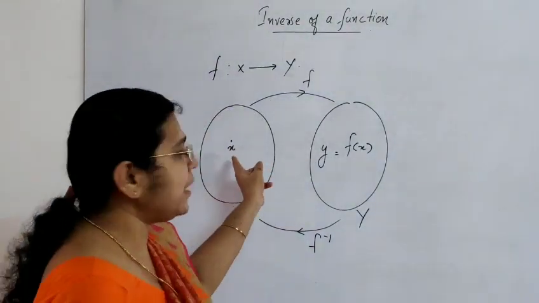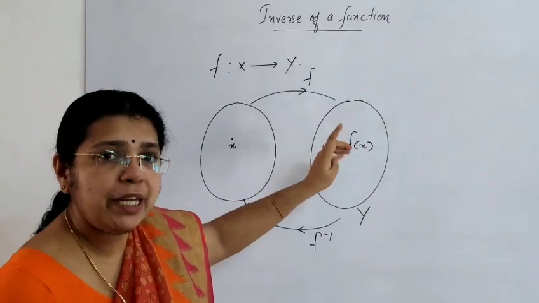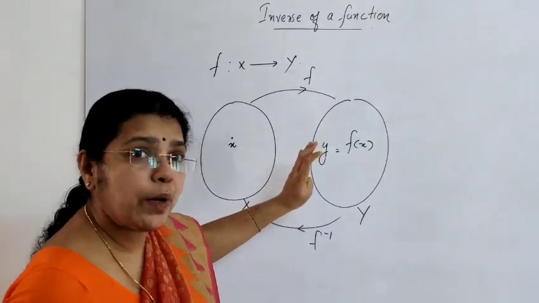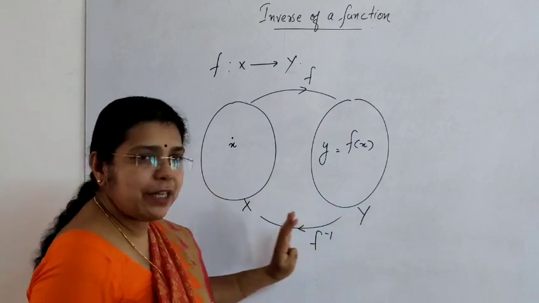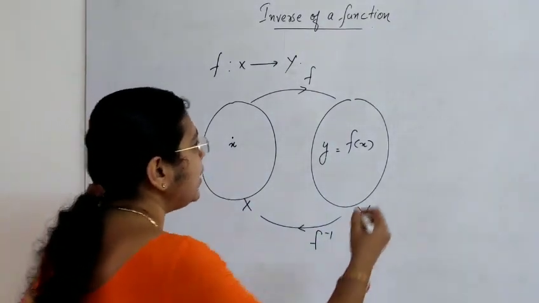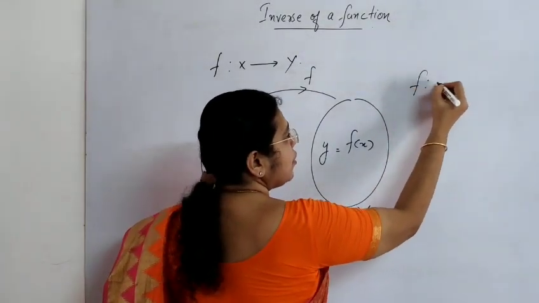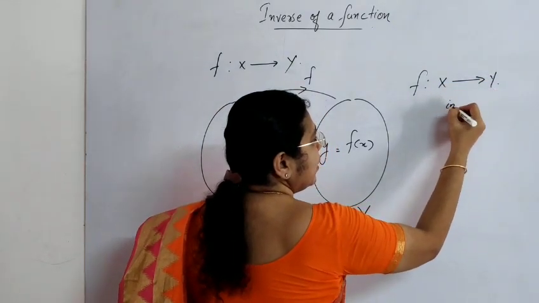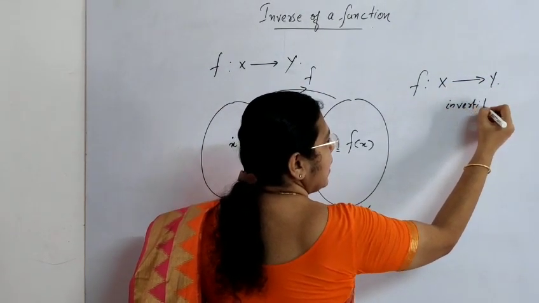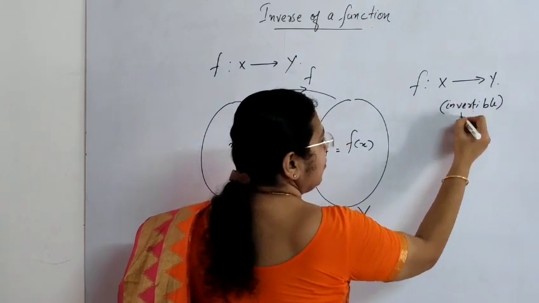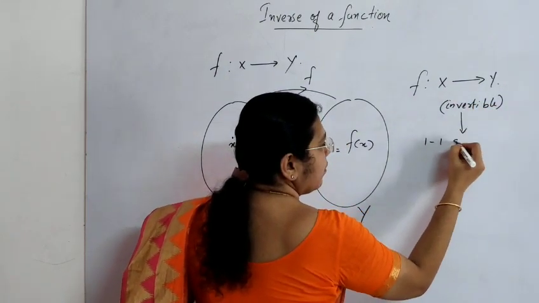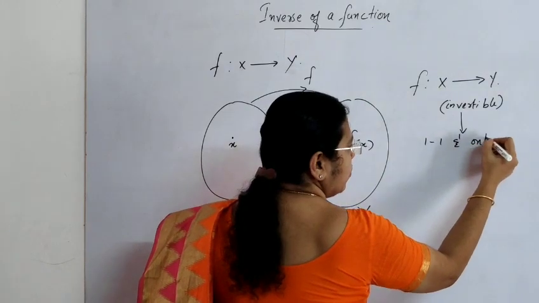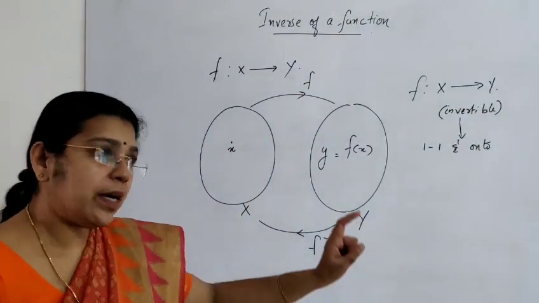So the definition is coming up like this. If f is a function from x to y and is an invertible function, what do you mean by invertible? It is 1-1 and onto.